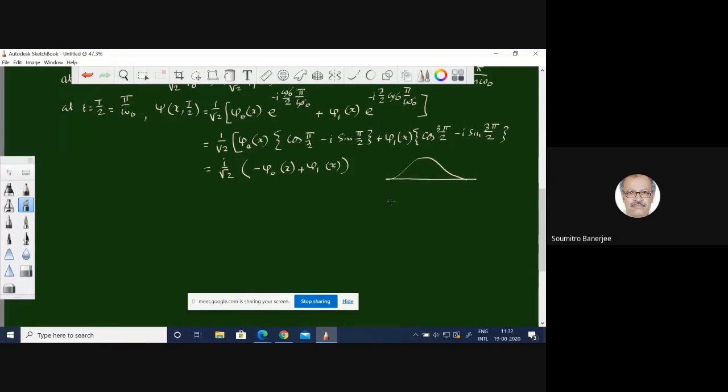The first excited state wave function is like that. And if you add them up, you get something like this.